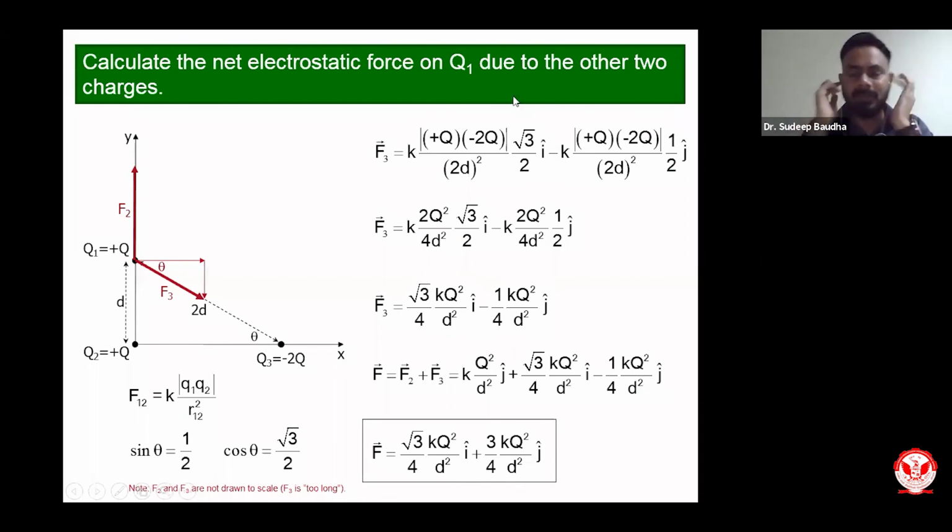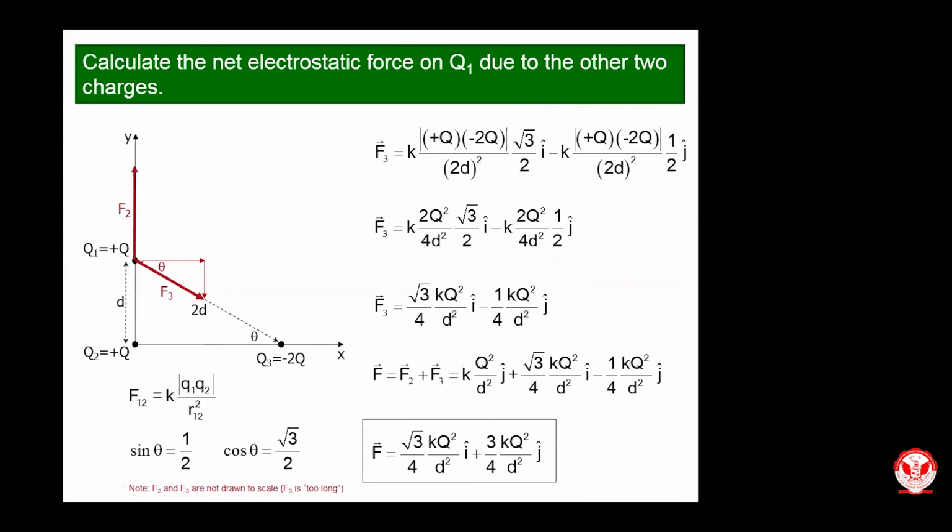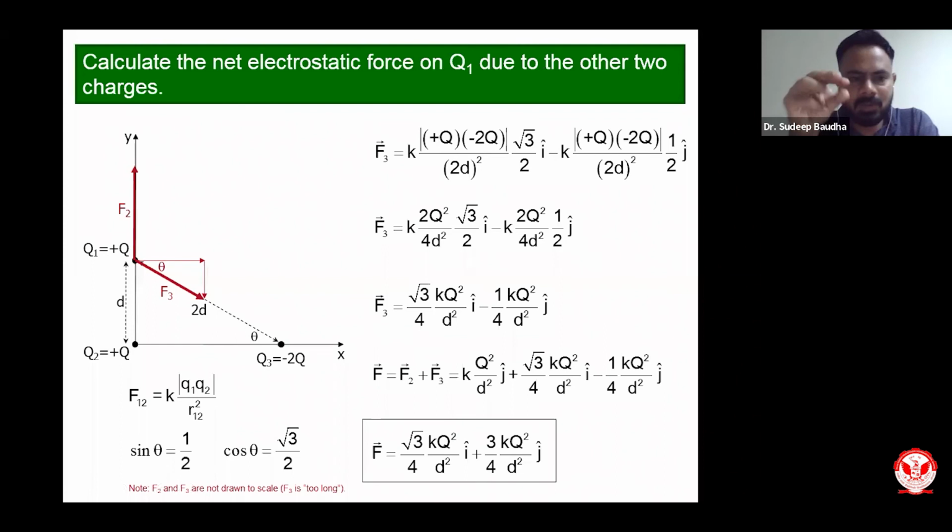No questions, right? So I hope now you understood that Coulomb's law can be used when we need to find out the force applied or exerted by one charge over another.